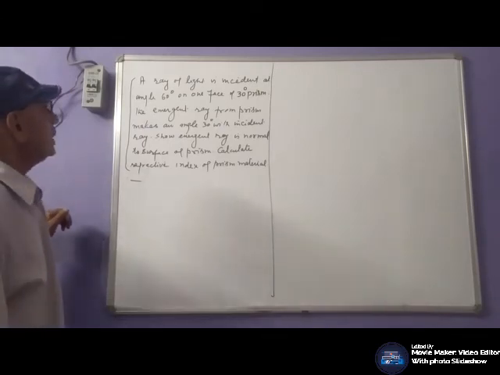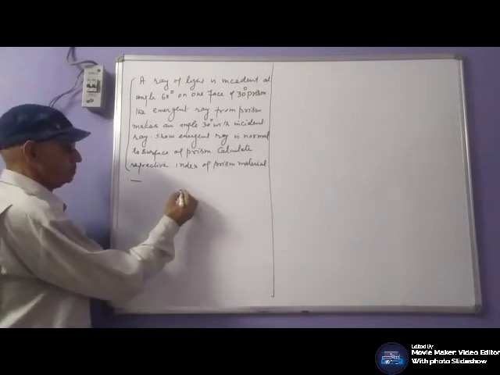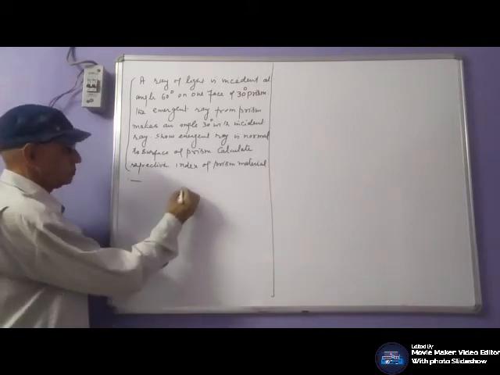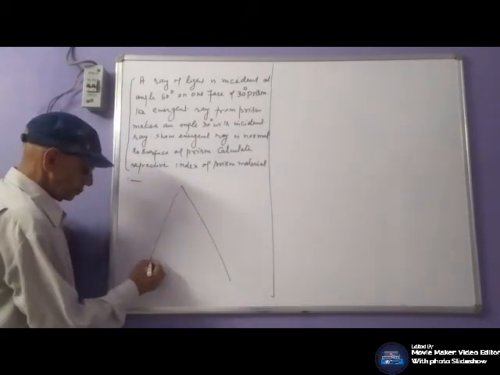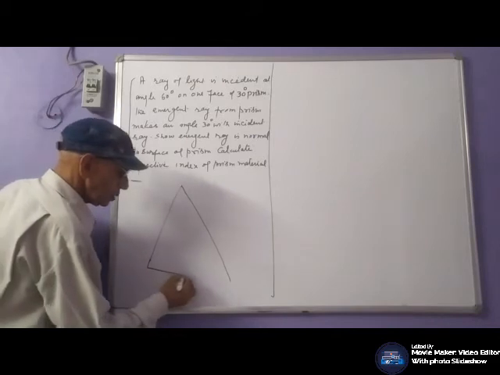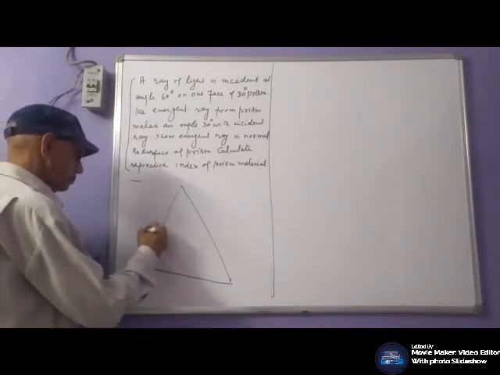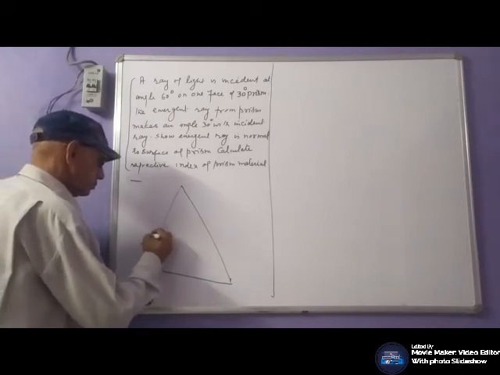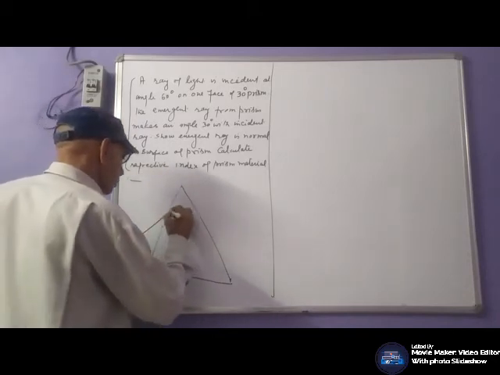A ray of light is incident at angle 60 degree on one face of a 30-degree prism. This is a 30-degree prism.